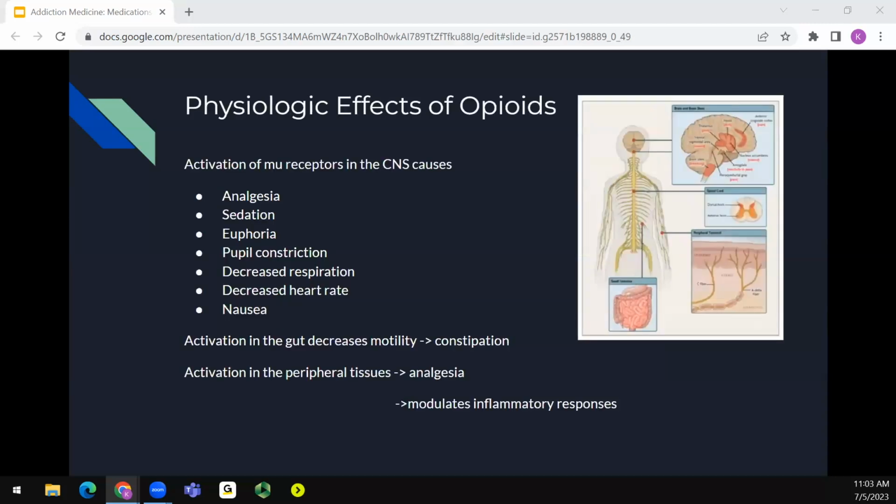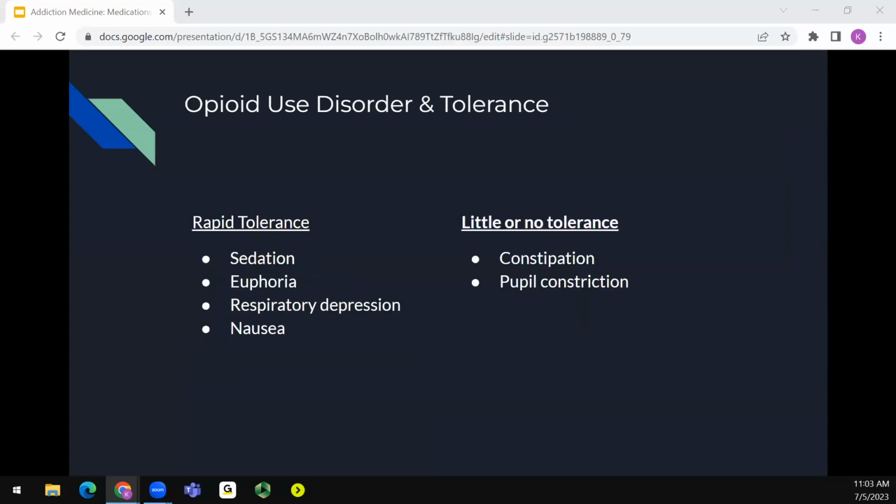We are all familiar with the physiologic effects of opioids. Activation in the CNS causes analgesia, sedation, euphoria, pupil constriction, decreased respiration and heart rate, and nausea. Activation in the gut decreases motility, so it causes constipation. And in the periphery, you have analgesia and modulation of inflammatory responses.